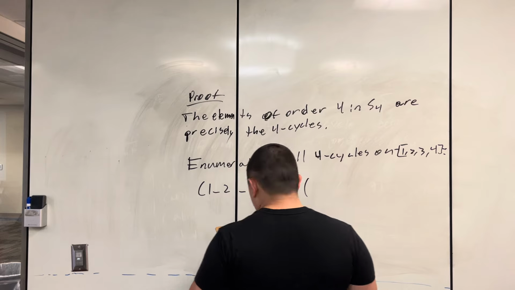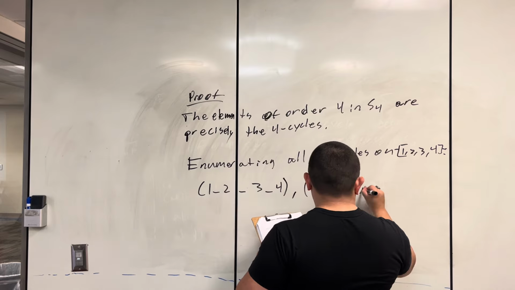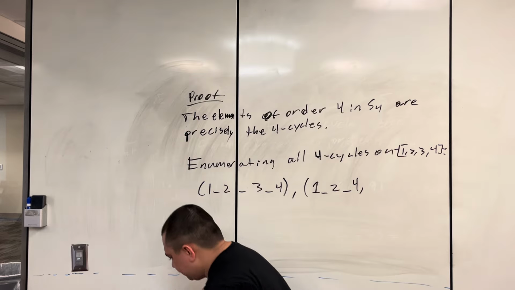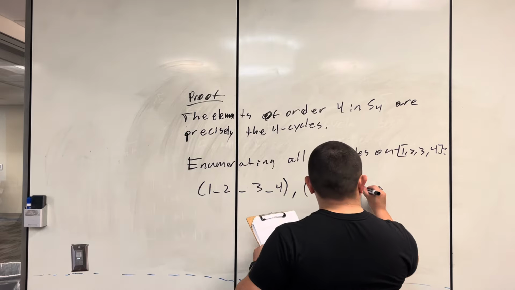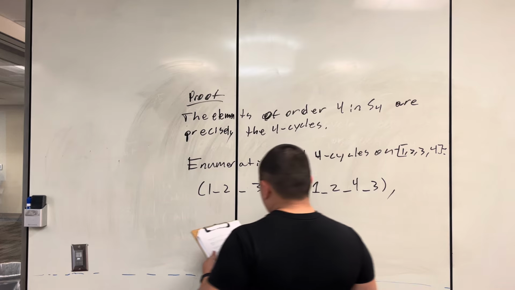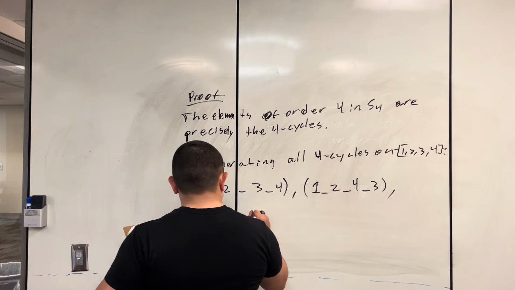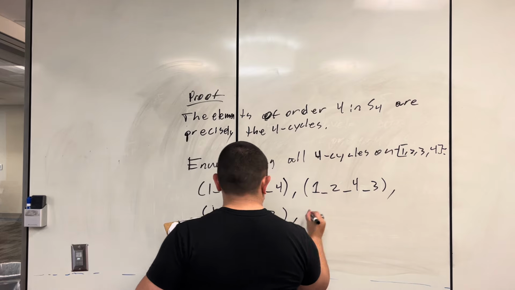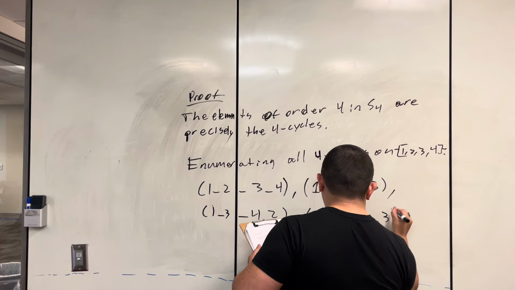So, but open parentheses 1, 2, 4, 3, close parentheses, and then we have 1, 3, 4, 2, close parentheses, and then we have open parentheses 1, 4, 2, 3, close parentheses. So you're just changing these around, you see.